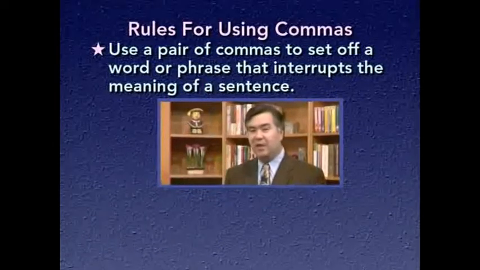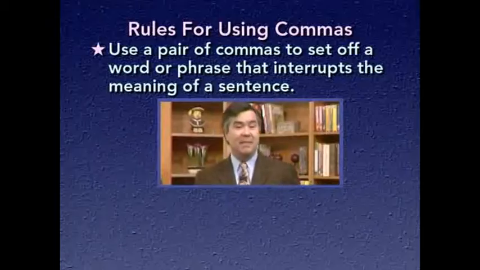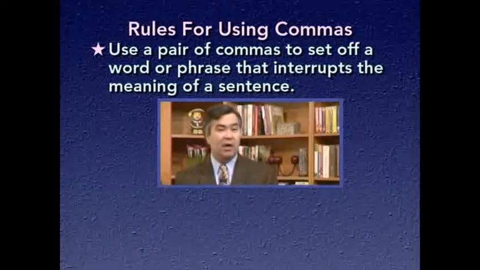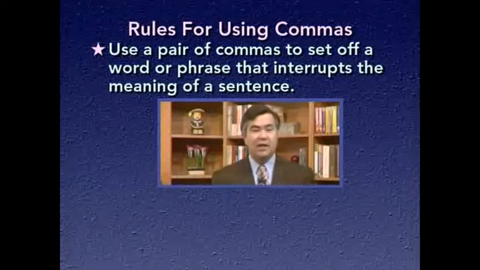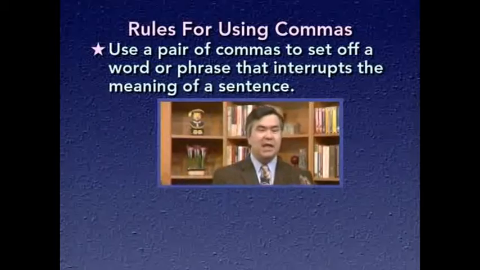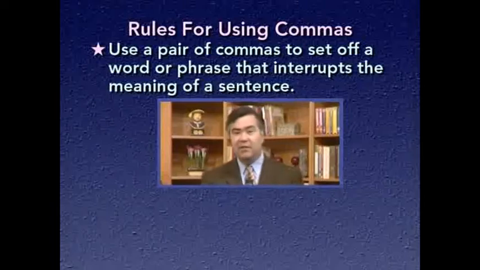Here's another rule about when to use a comma. Use a pair of commas to set off a word or phrase that interrupts the meaning of a sentence. Sometimes you'll write a sentence which has a main train of thought, but there's an additional fact or idea that you want to insert somewhere into the sentence because it's interesting and important, but not necessarily essential to the meaning of the sentence.